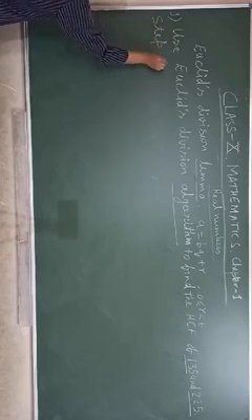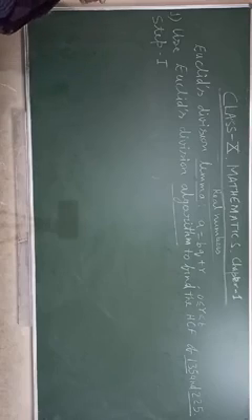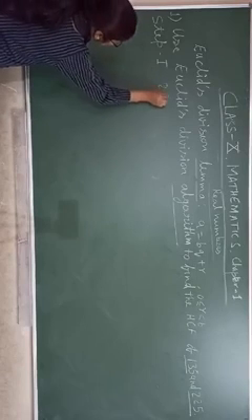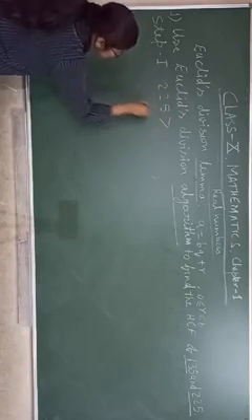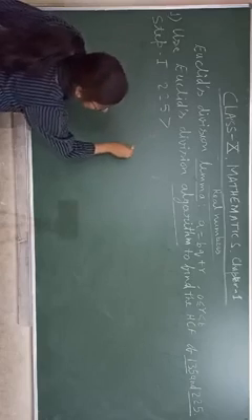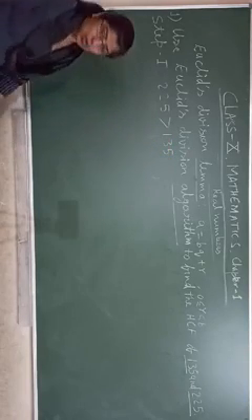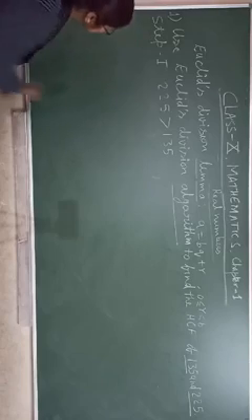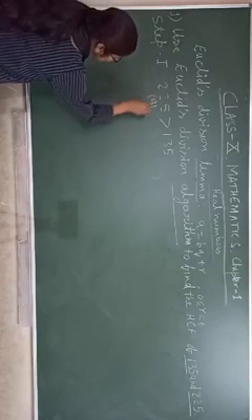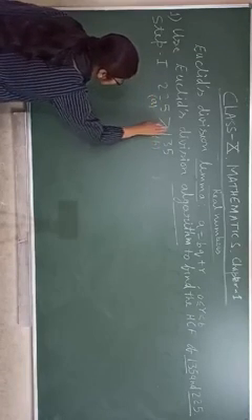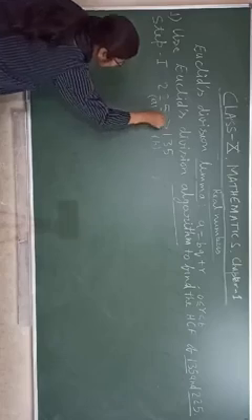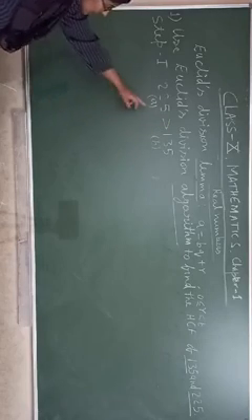Step number 1: 225 is greater than 135. So this is your a and this one your b.